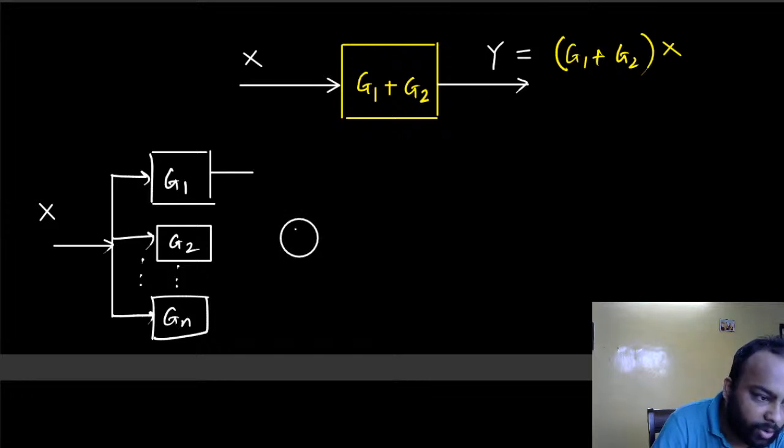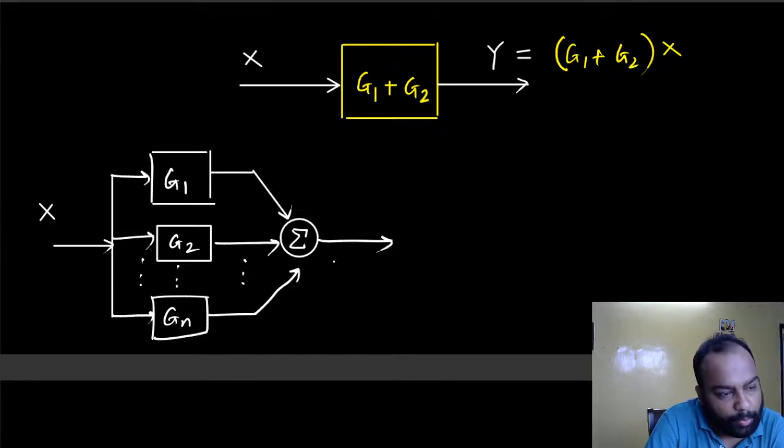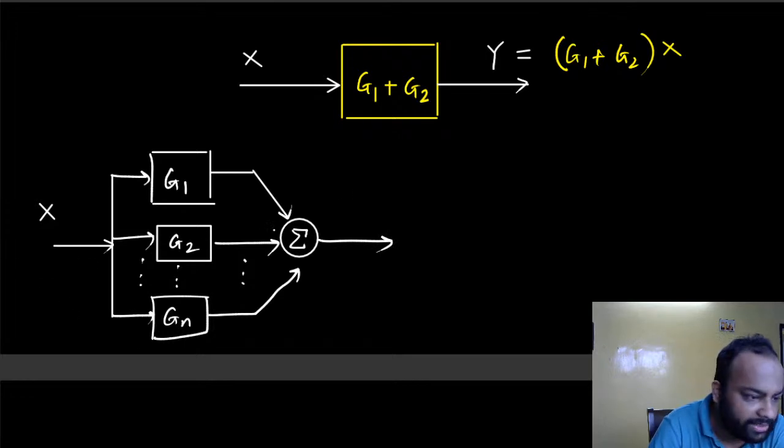And there is just one more thing. If everything is summed up, then I can just put a summation like that, and I can pull in signals like that, right? So the output is of course G1x plus G2x plus G3x plus up to Gnx, right?